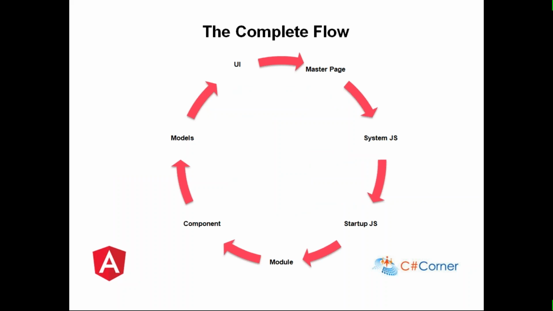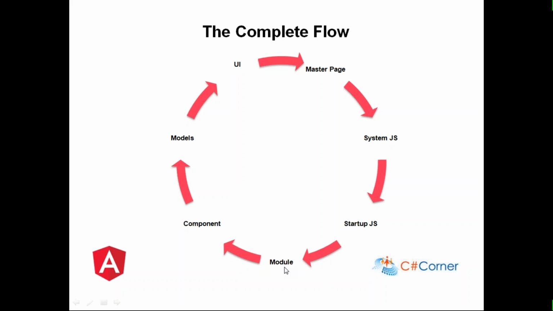Now we can see the complete flow. Once the master page gets loaded, system.js will get opened. Once system.js is open, it will find where the startup.js is. In the startup.js, we can find what modules are available.